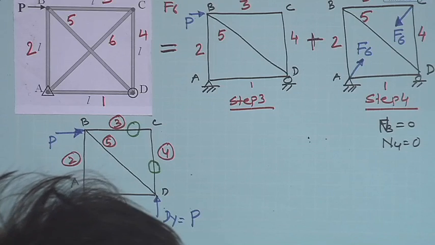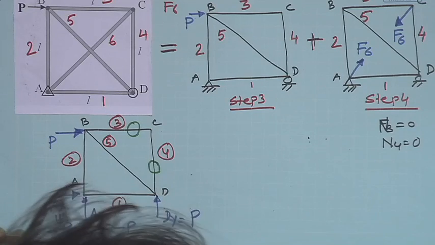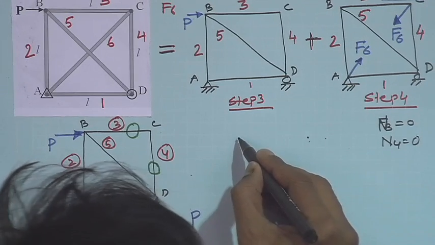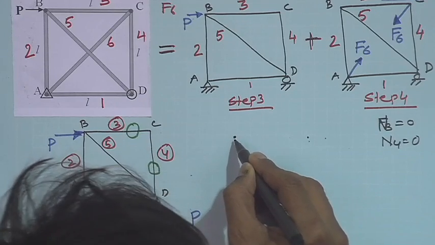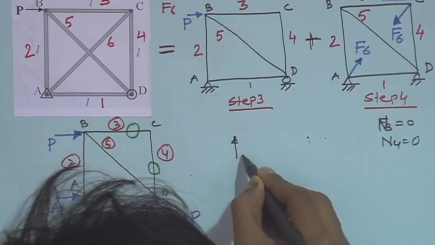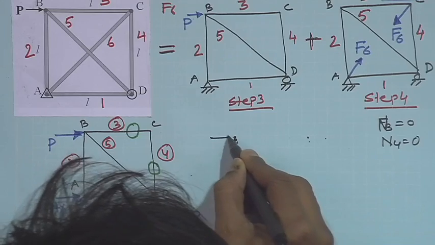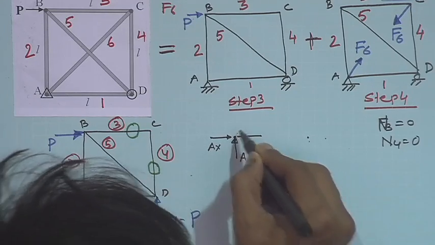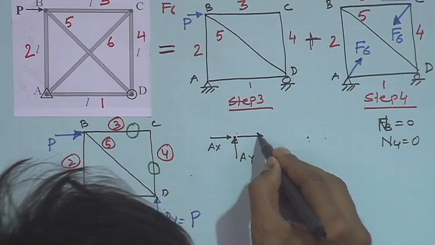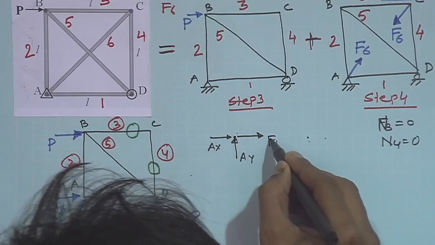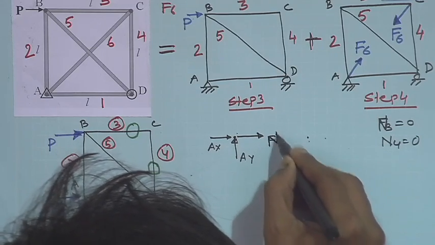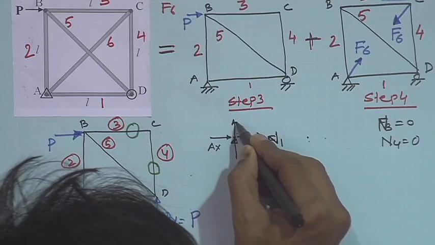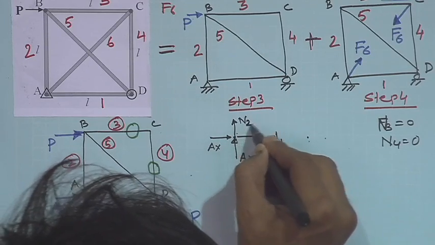Draw the free body diagram of point A. This is Ay, this is Ax, this is N1, and this is N2.